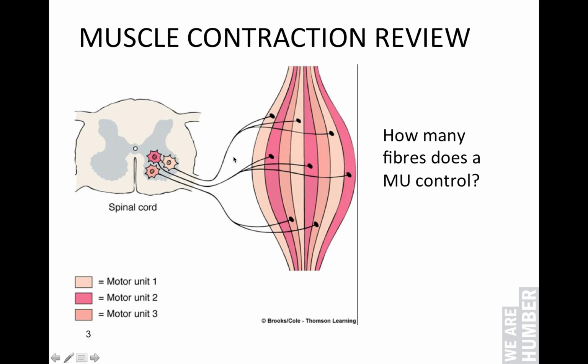The more motor units you have going to a muscle, the more fine motor control you'll have with that muscle. For example, in our ocular muscles, each motor unit controls very, very few muscle fibers, and that allows for those very fine movements of the eye.